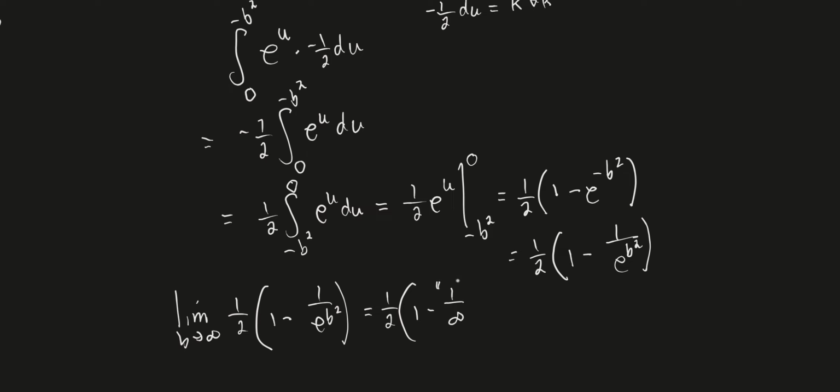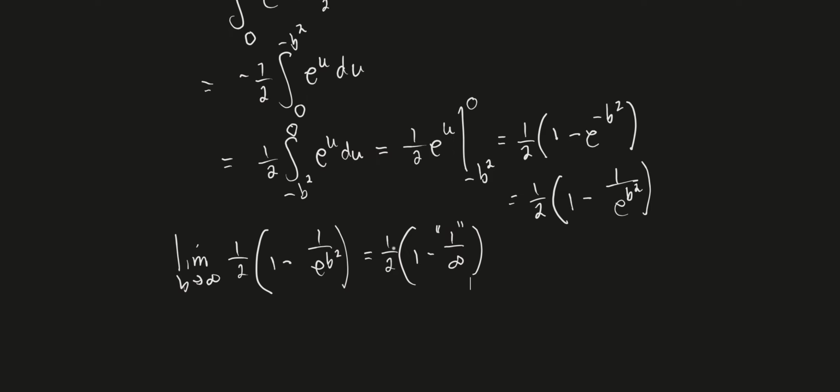It's 1 over something very, very large. And 1 over something that's infinitely large is then infinitely small, i.e., it approaches 0. So this thing approaches 1/2 the quantity 1 minus 0.